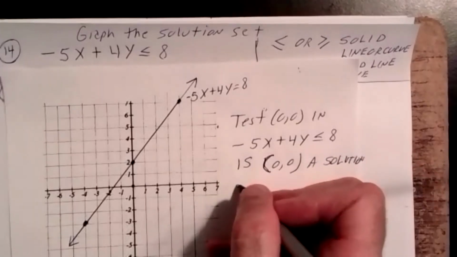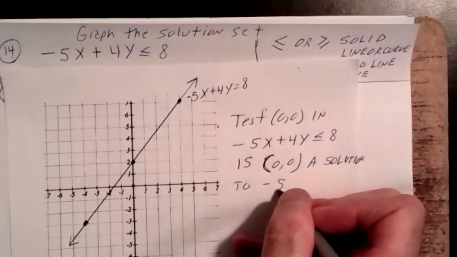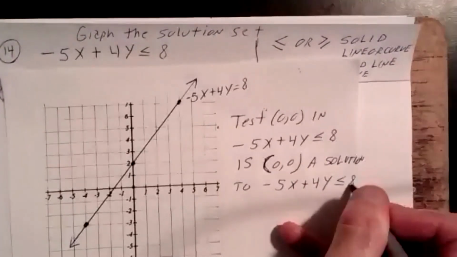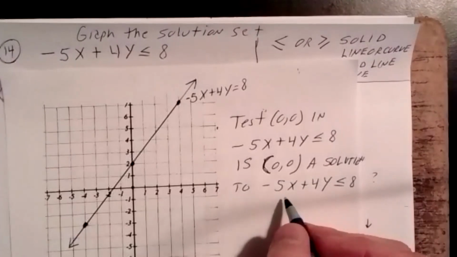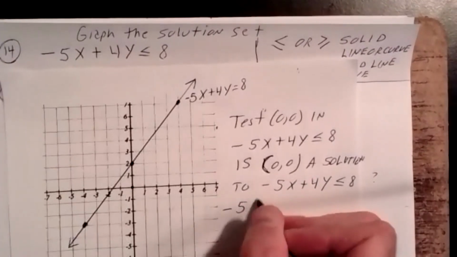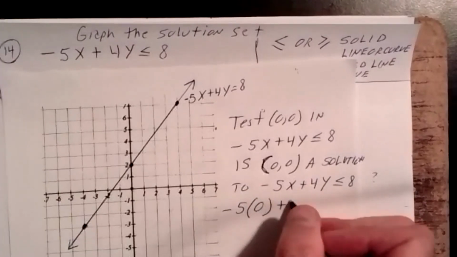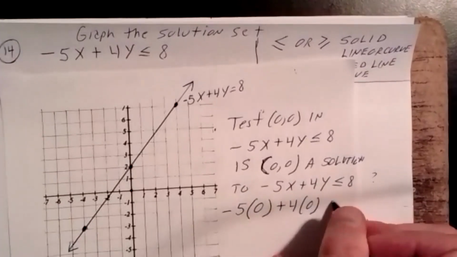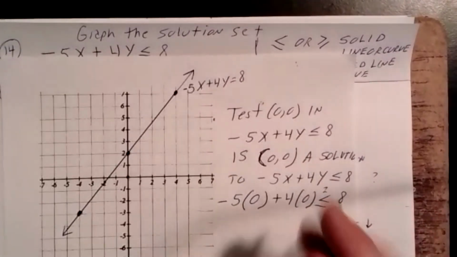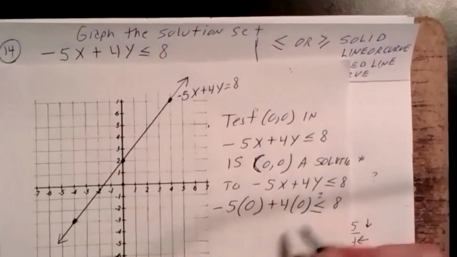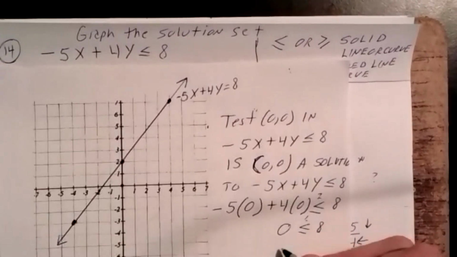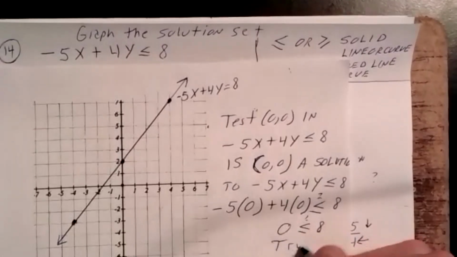Is it a solution to the inequality negative 5x plus 4y less than or equal to 8? To answer that question, I replaced the x variable with 0 and the y variable with 0. So is negative 5 times 0 plus 4 times 0 less than or equal to 8? Is that true or false? The left side goes to 0. Is 0 less than or equal to 8? True or false? That's true.